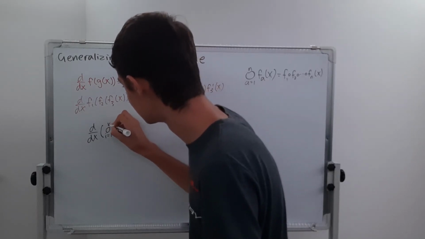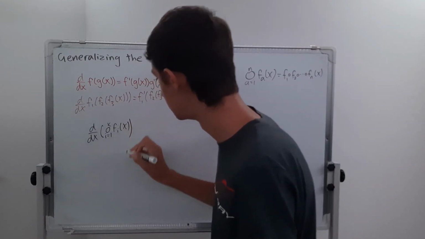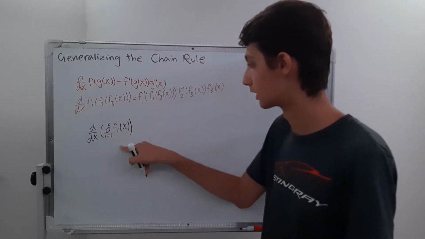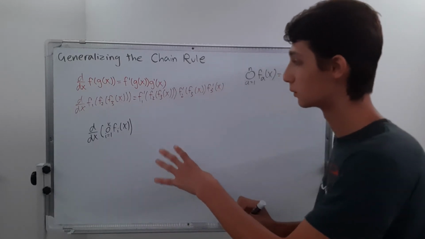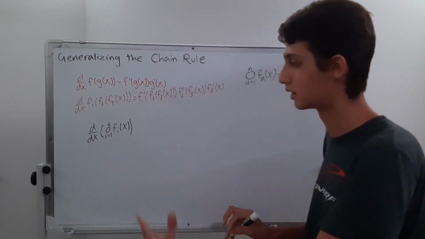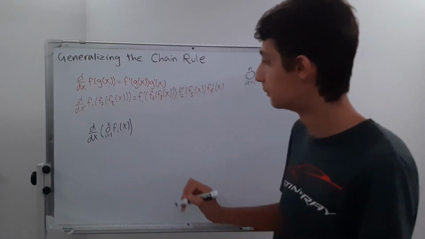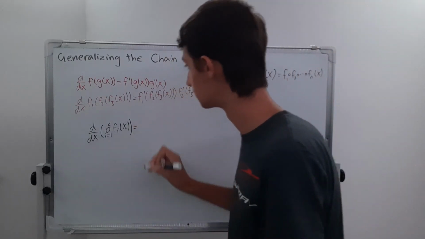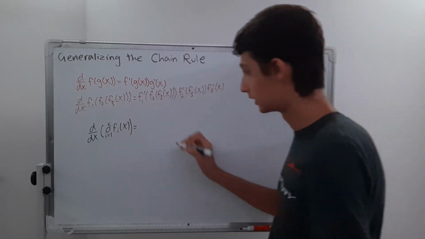So basically this is k functions indexed with i, and we're going to take the derivative of their composition. I know this is weird notation, but think of it like the product or the sum, but instead it's a composition. And so this is going to be equal to a product, so we can write down our product.